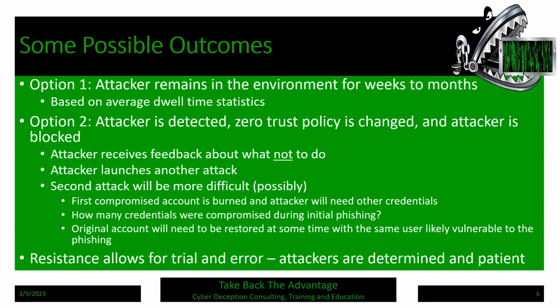The information about that detected attack is then ultimately sent to the zero trust policy engine, right? The policy engine is now aware that that particular user account, potentially on that particular system, is compromised. So we're now going to create a new zero trust policy that gets pushed out to all of the policy enforcement points, which now says, all right, this person may have a valid credential, they may be using a valid username, they may be on a validated system, but we now have credible information that that username, that system has been compromised.